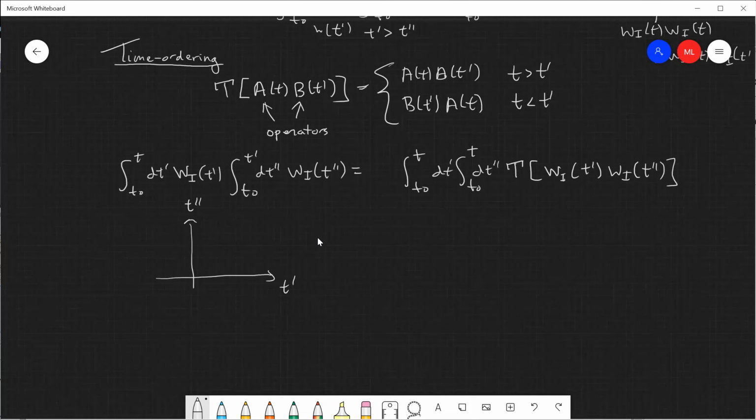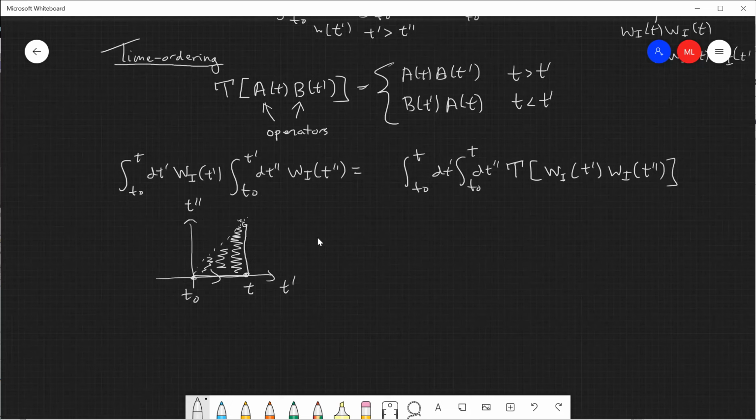We're integrating t prime from t naught up to t, but t double prime just goes from t naught out up to t prime. So this is the area of integration that we're covering in terms of the t prime and t double prime variables.